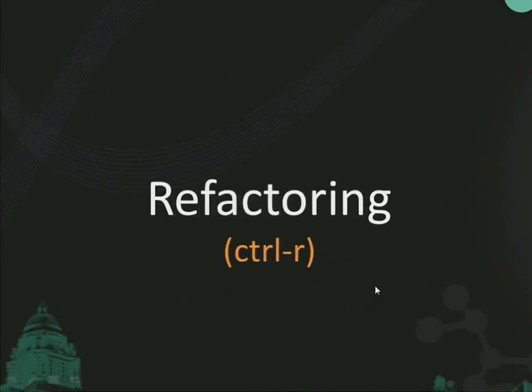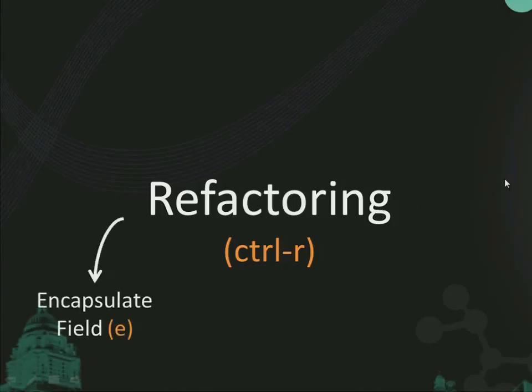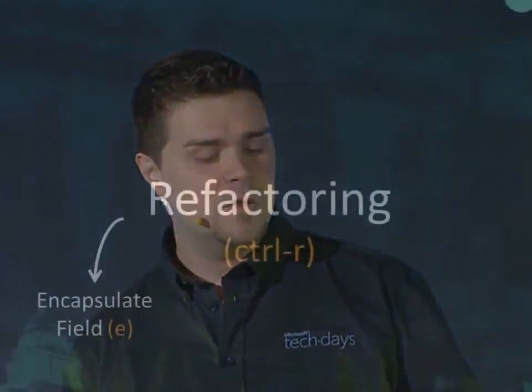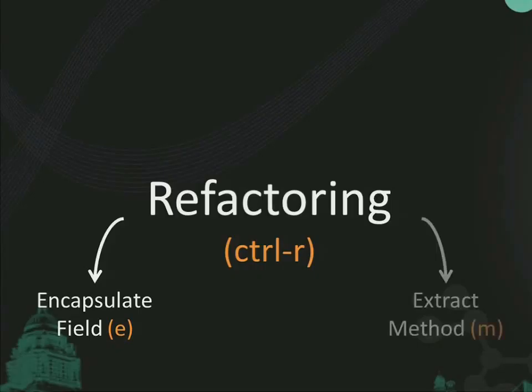Okay, so all the refactoring capabilities of Visual Studio are accessed with Control-R. And you can encapsulate a field really quickly with Control-R-E. I use that pretty often, except for the fact that sometimes when I'm working with MVVM applications, I'm having to put NotifyPropertyChanged or RaisePropertyChanged, depending on what I'm using, inside of there.